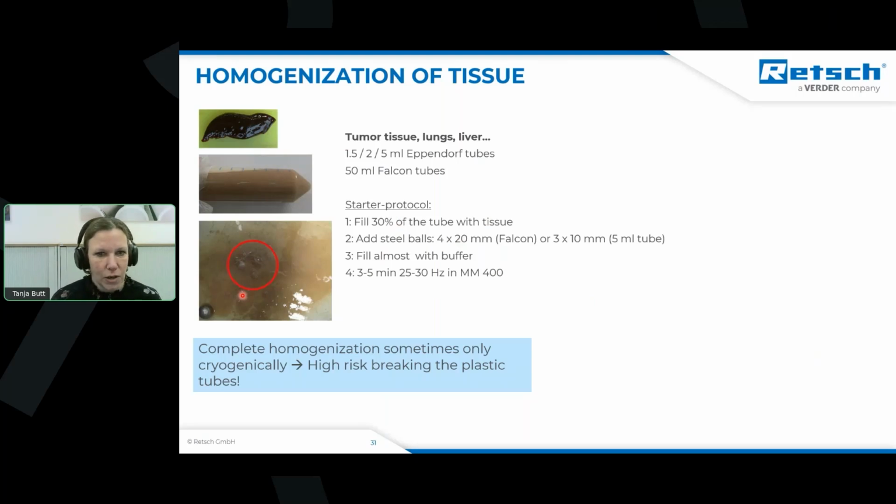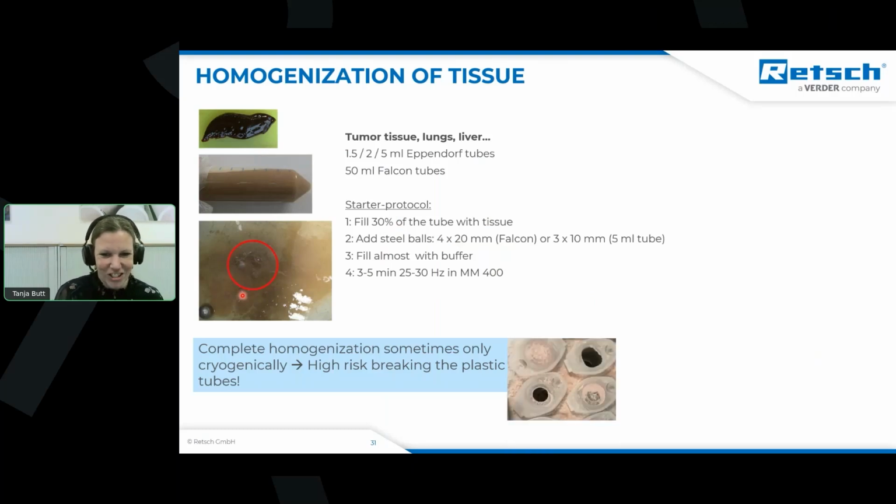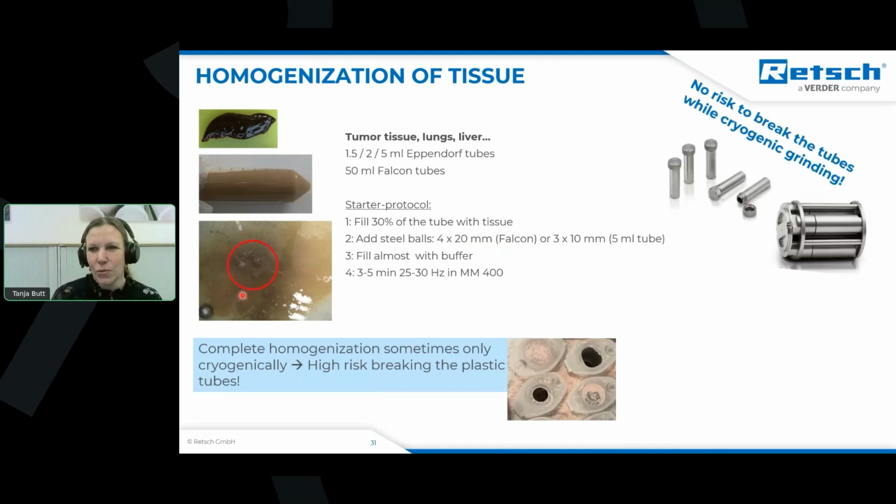And you do not want virus-loaded tissue spread in your mill. So the solution, if you don't want it to look like this, is to work again with steel tubes. We have the 2 milliliter steel tubes and 5 milliliter steel tubes for the mixer mills, and these are safe to use. So you can fully homogenize these tissues too.